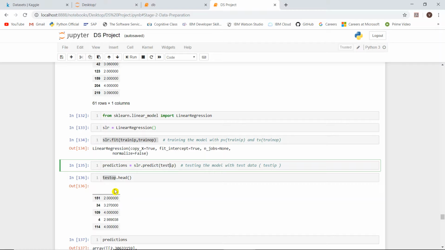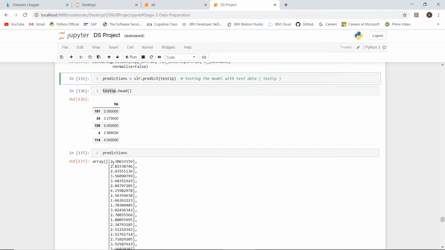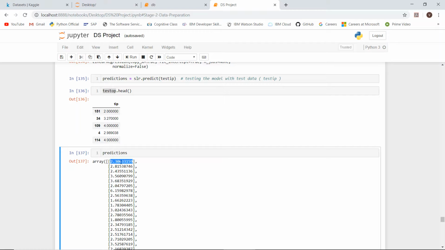After learning, it will predict from the test input. For each test input, say the total bill is $30, it will substitute it in y equals mx plus c. So m value known, c value known, the corresponding y it will give as predictions. We always have some difference from the actual value. The test output has the actual value 2, but the prediction is 2.3.